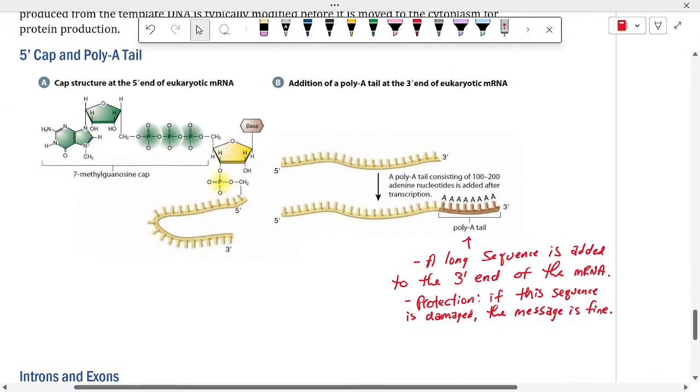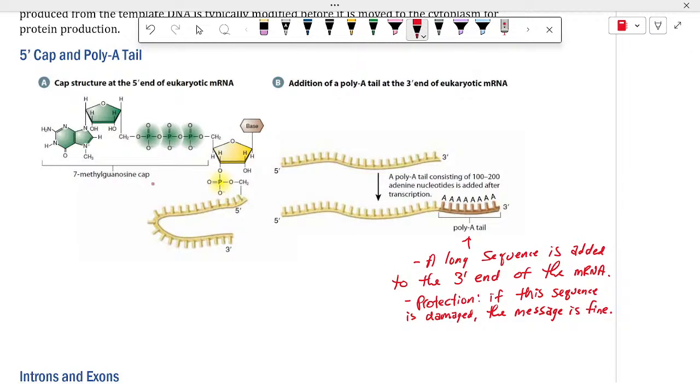The other thing that happens is that we get this 7-methylguanosine cap. Basically, on the phosphate of the first nucleotide, in other words, on the 5' end, this 7-methylguanosine cap is added, and this prevents the RNA from being attacked by catabolic enzymes.